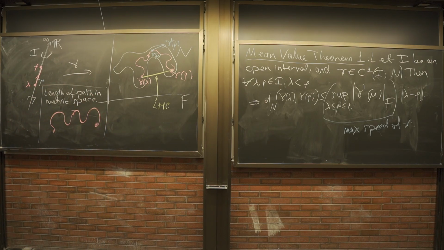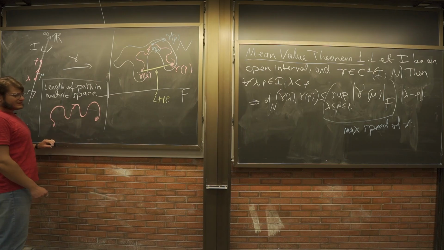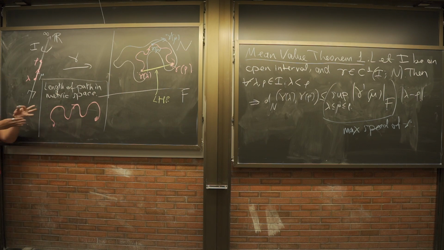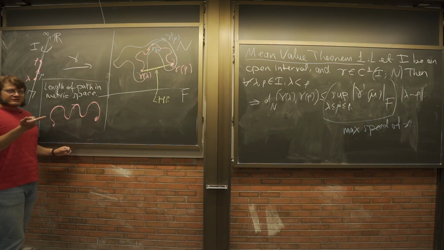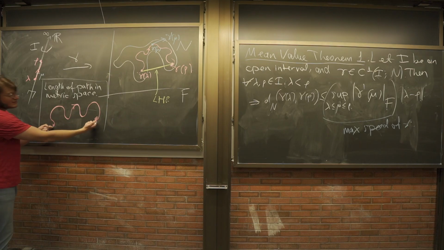If you want to associate a number that is supposed to be a length, you take finitely many points on this path, and then you look at pairwise distances. You add those distances up. That gives you a proxy for the length. And then you keep taking more and more data points, in the limit, insofar as that limit exists as a finite number, you call that the length. And how would you start that approximation? Well, the best or the worst approximation is to just look at the endpoints and look at the distance.